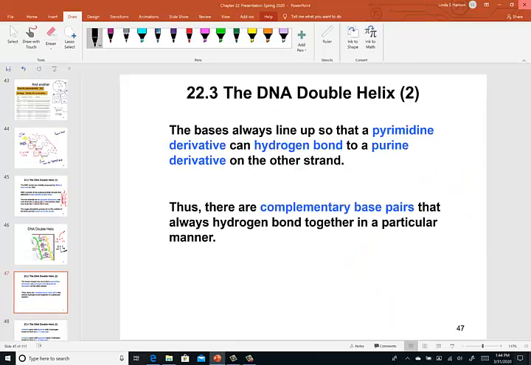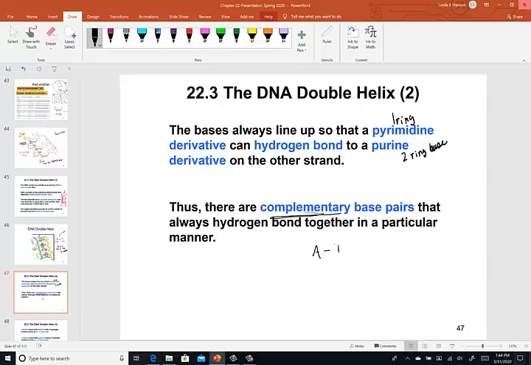When the bases align, a pyrimidine derivative can hydrogen bond to a purine derivative. A 1-ring base can align itself with a 2-ring base and hold together by hydrogen bonds. There is always a complementary base pairing that occurs.